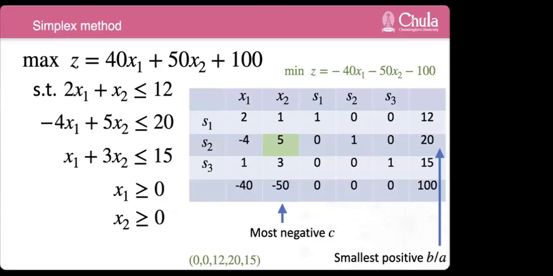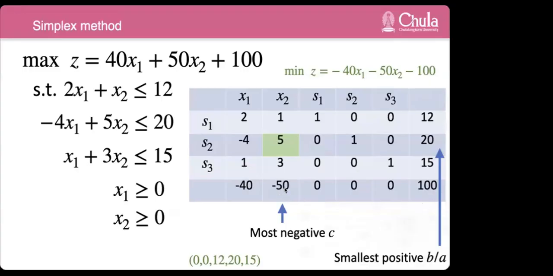If x1 increases by 1 unit, changing from 0 to 1, the objective function will be reduced by 40. It will go down by 40.